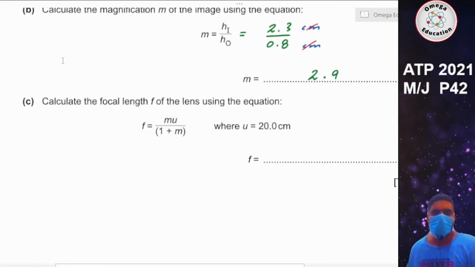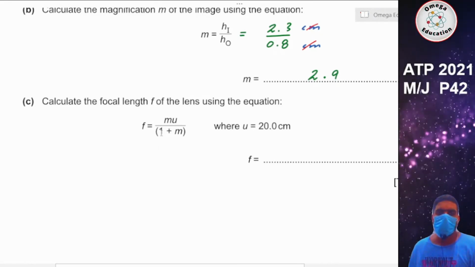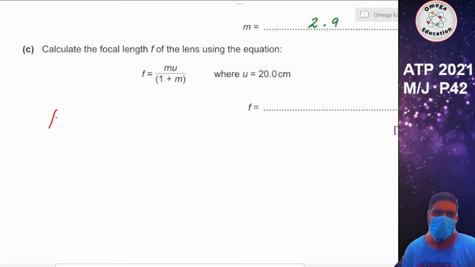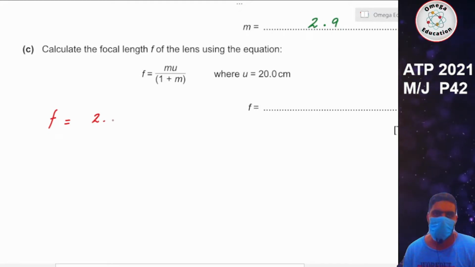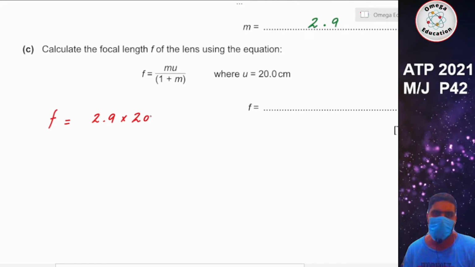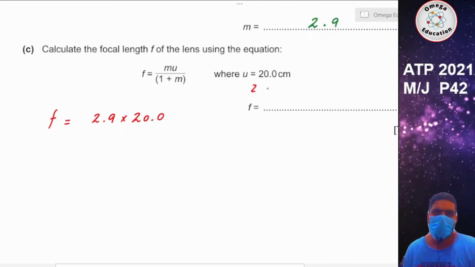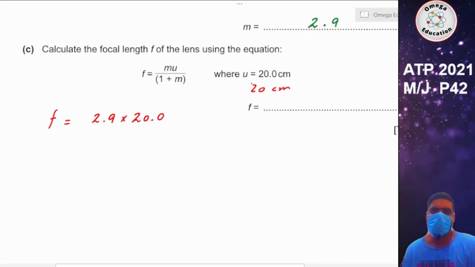Calculate the focal length f of the lens using the equation f equals mu over 1 plus m. So we simply need to plug the values into the formula. Instead of magnification, I'm going to write 2.9. Instead of u, I'm going to write 20.0. Once again, in the data 20 centimeter and 20.0 centimeters represent different things.